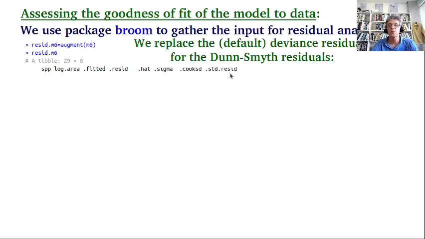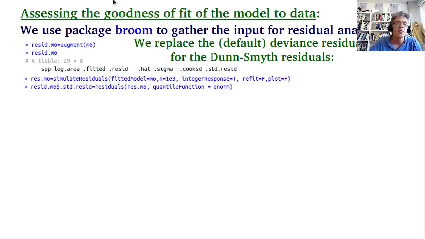Instead, we are going to replace these deviance residuals with the Dunn-Smyth residuals. These are computed with the command simulateResiduals of the package DHARMa. This was explained in a previous video. So res.m6 holds the Dunn-Smyth residuals that are converted in the next line with the command qnorm into a normal distribution, and I am writing these residuals in this data frame on top of the std.resid variable.